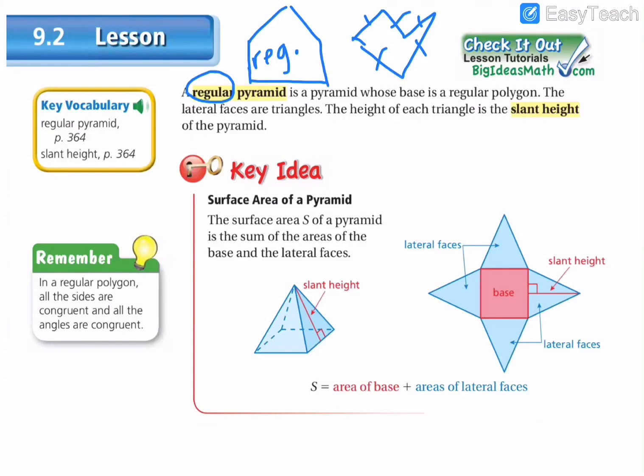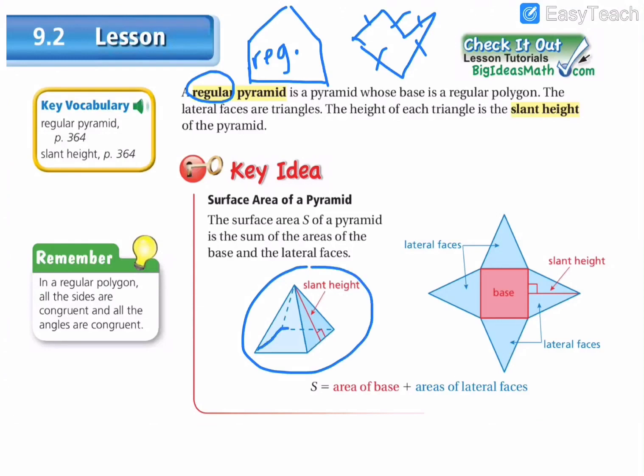So looking at this pyramid that they've given us, this is a square pyramid. Basically the concept behind pyramids is you name the pyramid based off of the shape on the bottom. In this example, there's a square on the bottom.